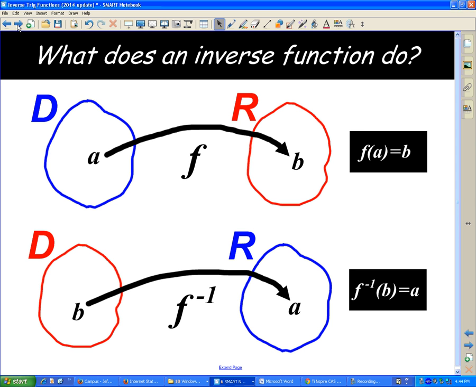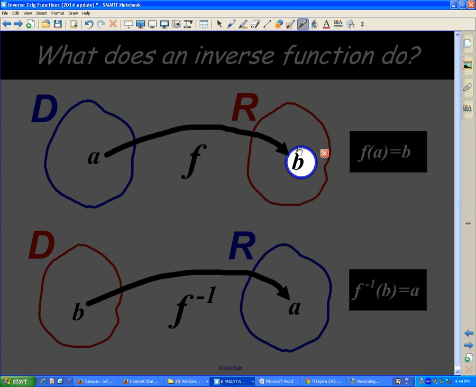And then in Algebra 2, we started talking about functions that actually undid each other. So that's what this little diagram shows. We have a function f, and f is going to take an element of the domain. In this case, it's going to take element A, operate on that in some way, and turn it into a new element of the range.